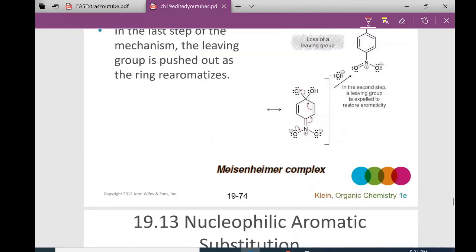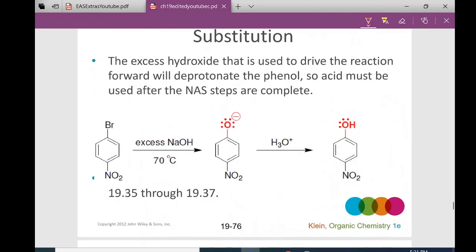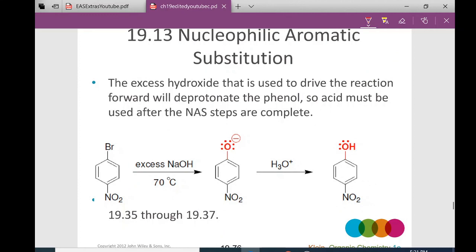Okay, so if you have the nitro group at the meta position to a potential leaving group, that's not going to work. Now, in the case of sodium hydroxide, when you form phenol, it's actually sufficiently acidic enough to lose a hydrogen, and so our second step then is going to be an acid workup to restore that hydrogen that was on the hydroxide group.